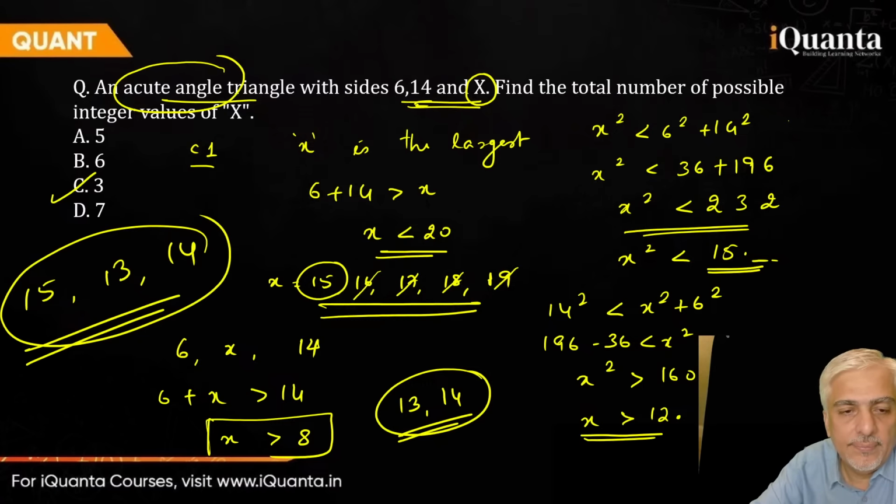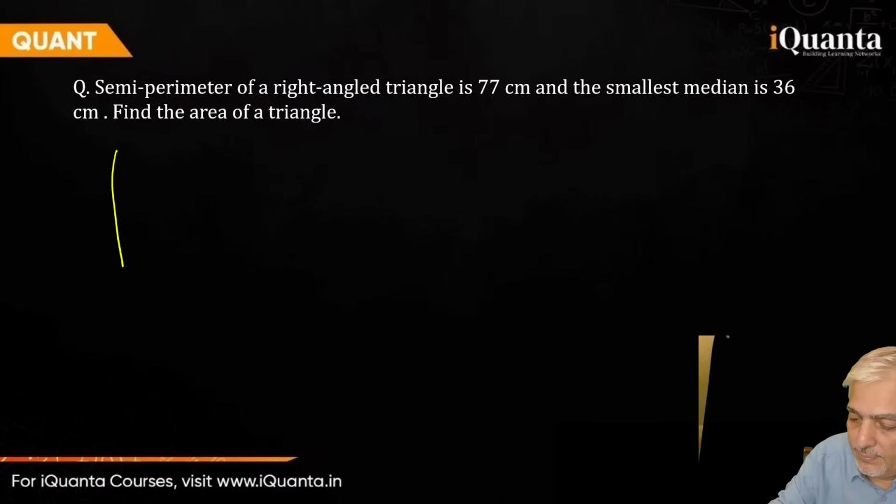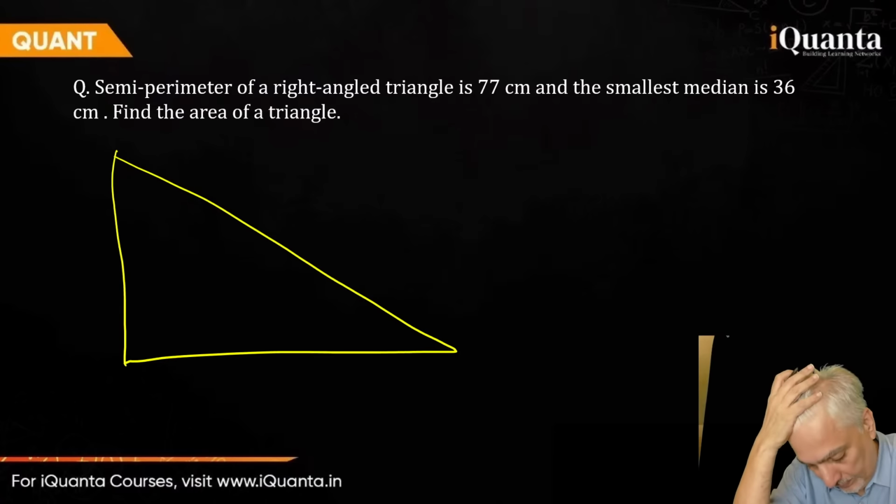Next. Semi-perimeter of a right angle triangle is 77. The smallest median is 36. Find the area of the triangle.